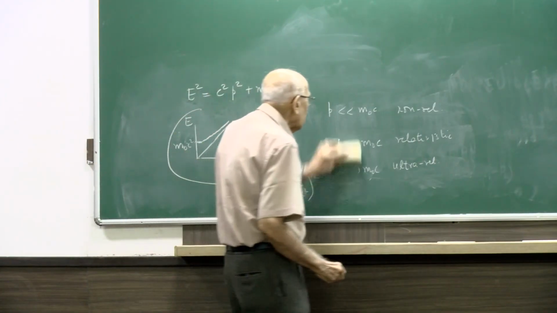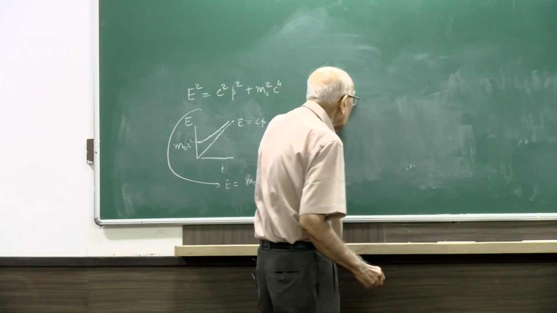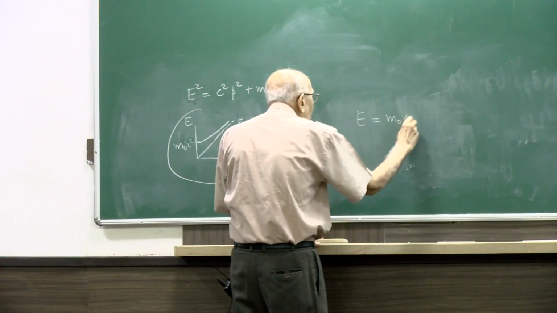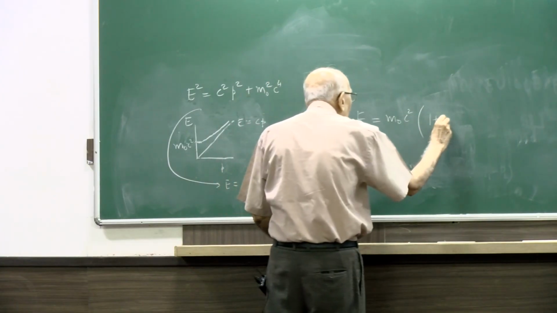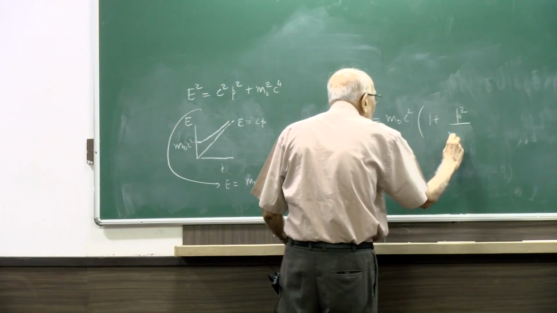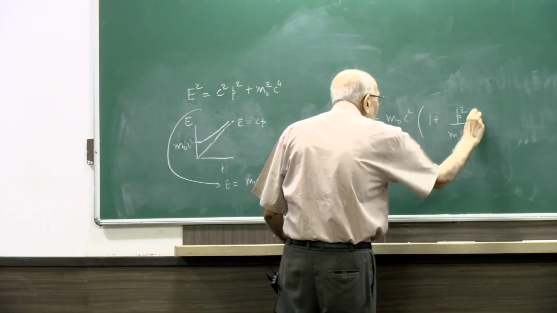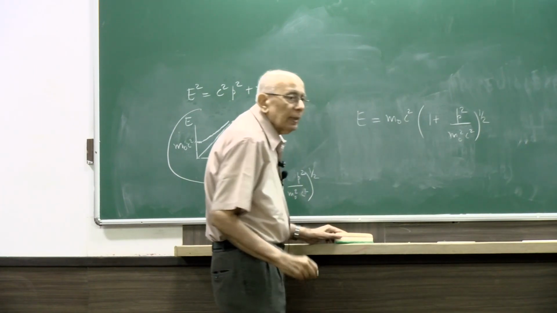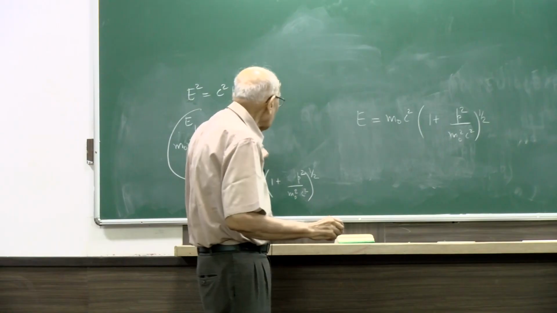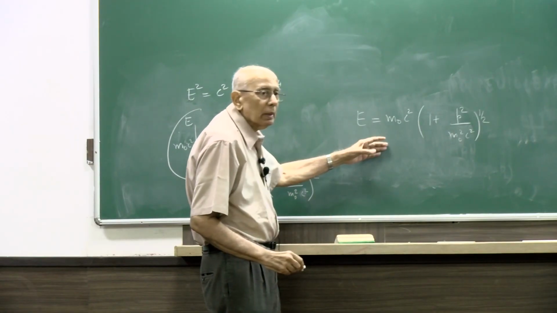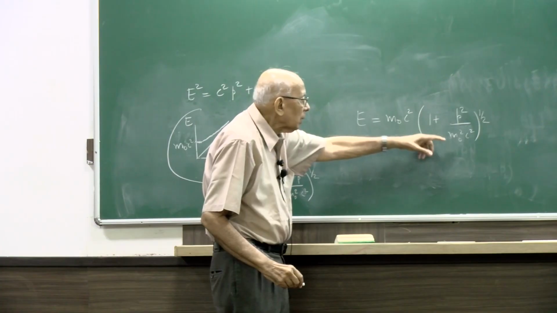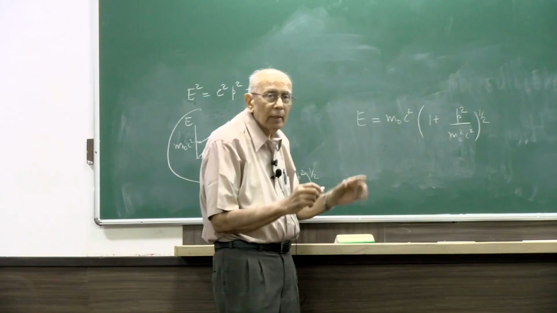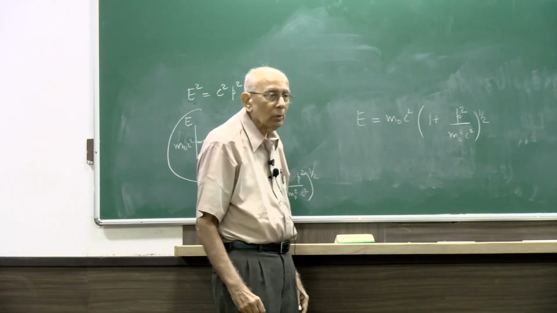So coming back here, that's an exact relation. All I've done is to take out this factor m naught squared c squared outside. But if p squared is much smaller than m naught squared c squared, this is a small correction to 1. And then you've got to add it and take the square root of the whole thing.